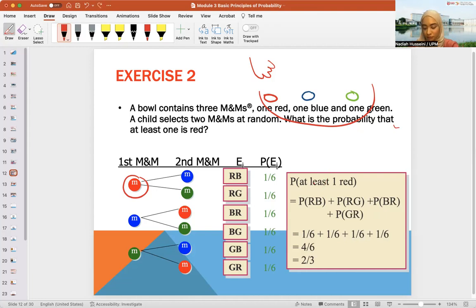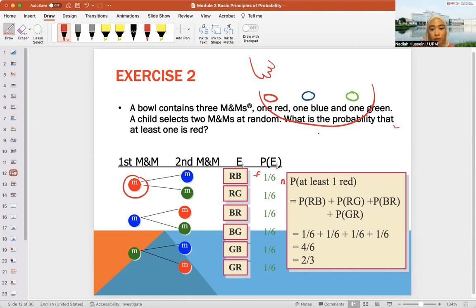Why is it 6? Because there are 6 events in total, correct. So the probability of getting red first and second one blue is 1/6, 1/6, and so on. So this is the frequency, and 6 is n, the total number of events.